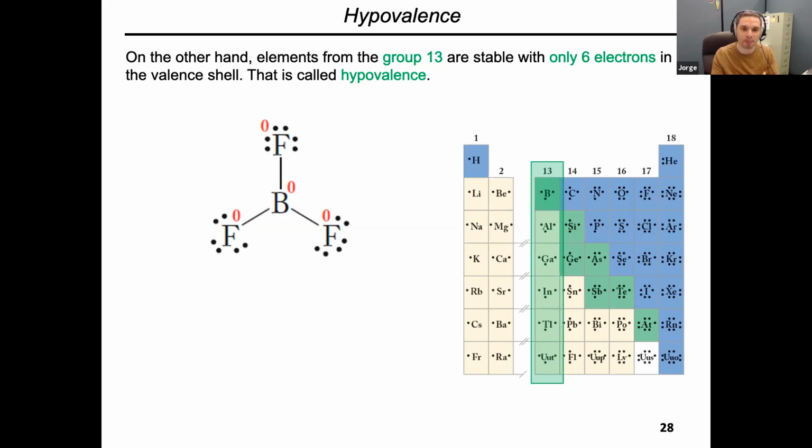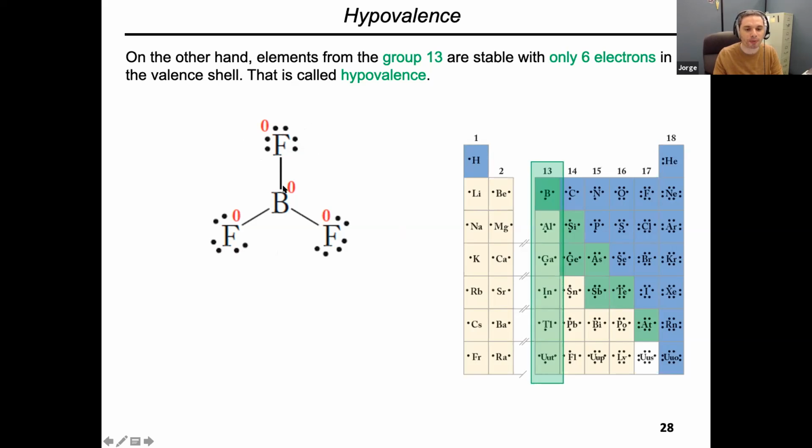They are hypovalent. An example here is the compound BF3. In this case, the fluorines have 8 electrons in the valence shell, 1, 2, 3, 4, 5, 6, 7, and 8. Remember, each covalent bond counts as 2 electrons.